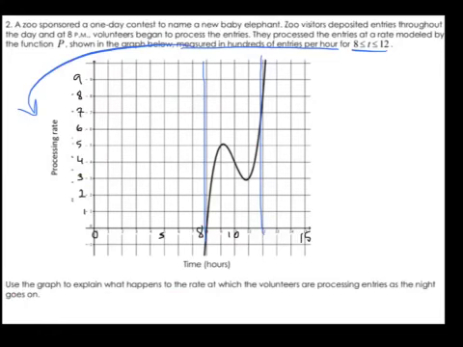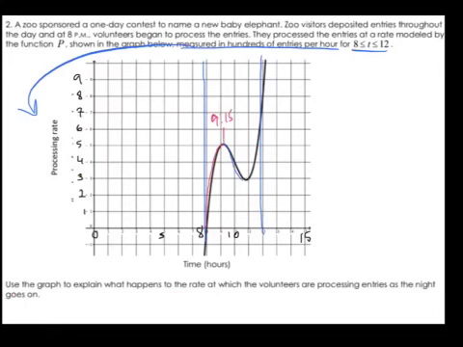I'm going to use the red portion to identify places where the rate is increasing. So it's increasing up until this point, and we'll say this point is 9:15. And then I'm going to use blue to denote where it's decreasing.